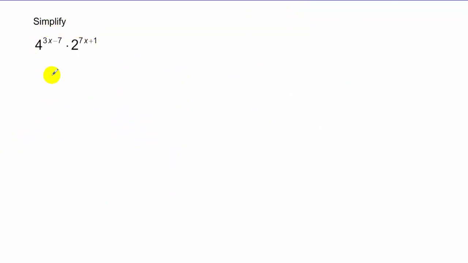So in this case, we want to simplify this expression. Notice I have a 4 here and a 2 here. The only way we can add powers of bases is if the bases are the same. So in this case, I'm going to make 4 equivalent to 2 squared, and that's raised to the 3x minus 7, and then 2 is just to the 7x plus 1.